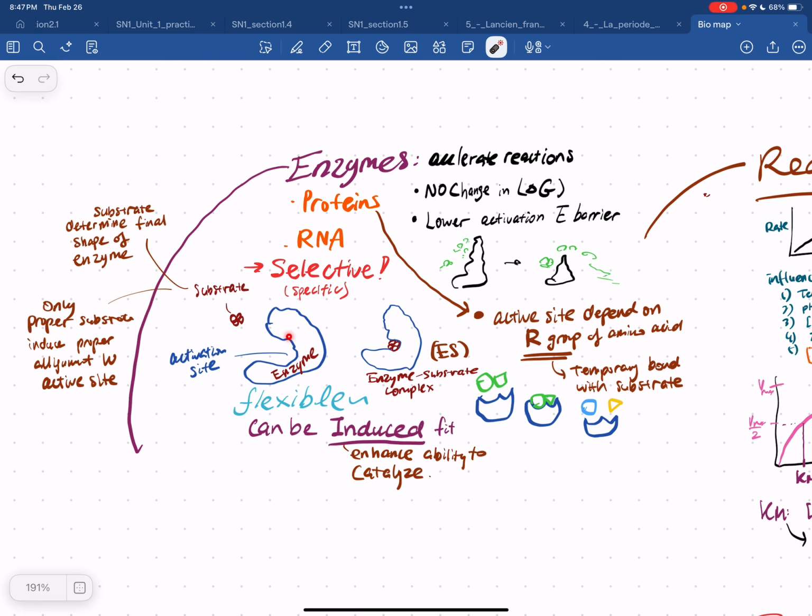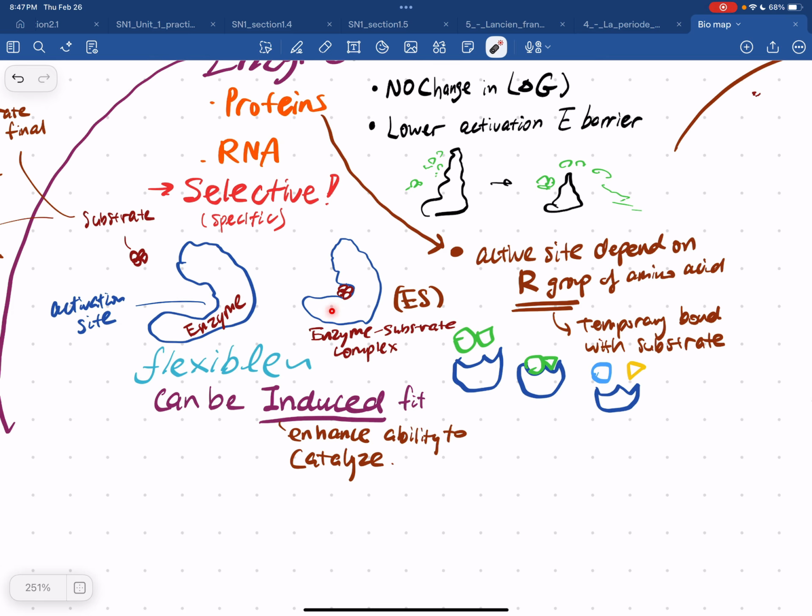The active site is composed of amino acid R groups. The active site depends on the R groups of the amino acids and temporarily binds with the substrate.